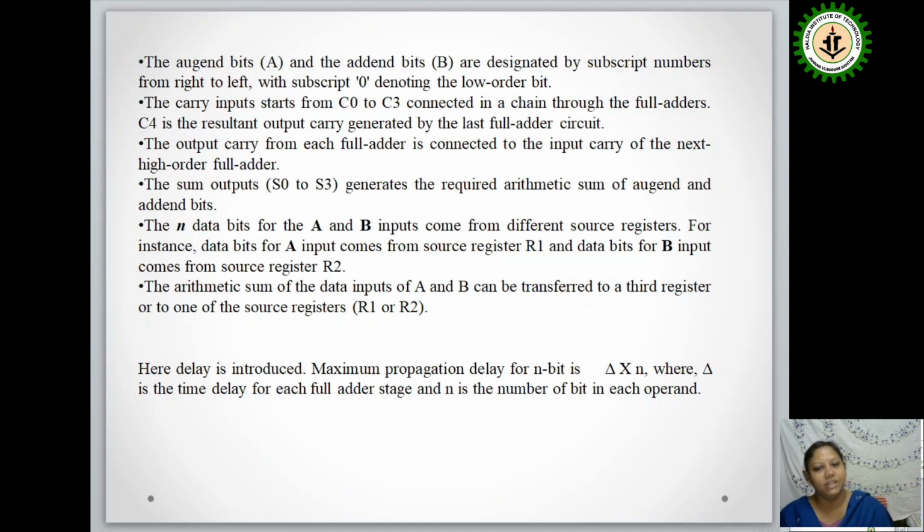The sum outputs S0 to S3 give the arithmetic sum of A and B. The n data bits A and B come from different source registers, A from register R1 and B from register R2. The arithmetic sum of the data inputs A and B is transferred to R1 or R2.